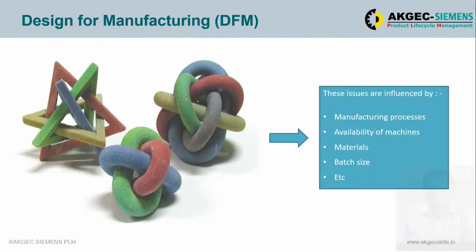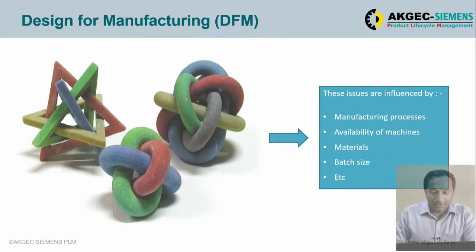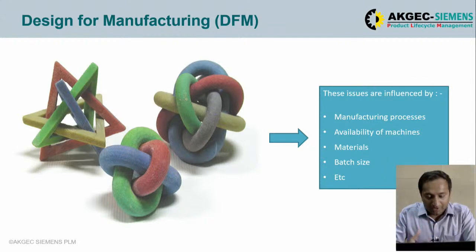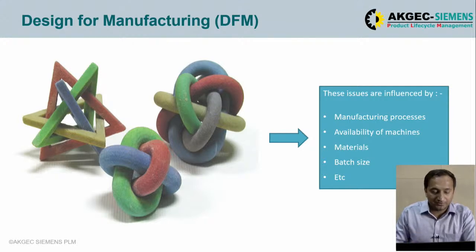These issues are governed by manufacturing processes: which manufacturing process would you use to manufacture this part, which machine is available to you, what kind of material do you require, what is the batch size, etc. These are some of the issues linked with manufacturing of these parts.